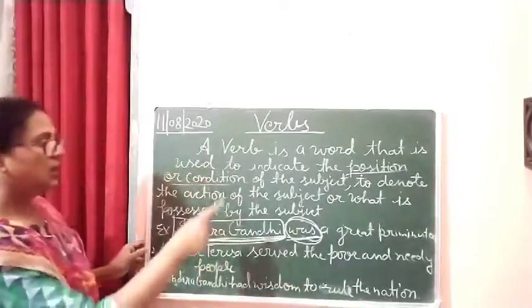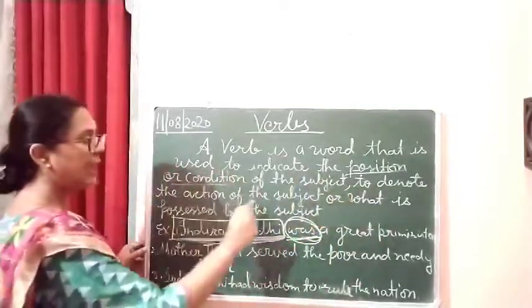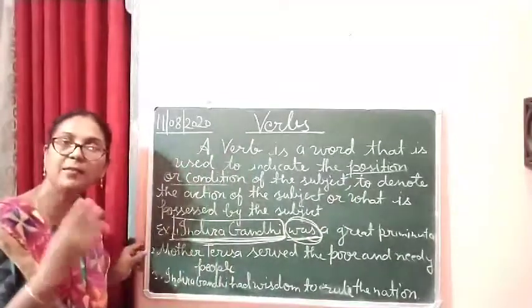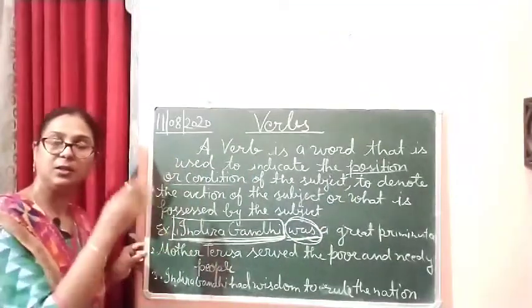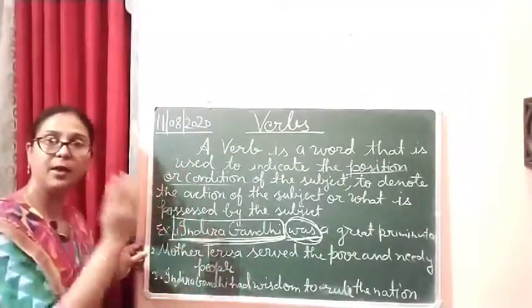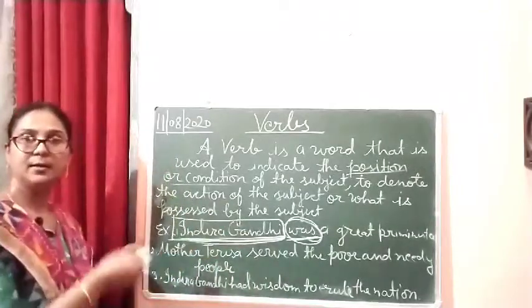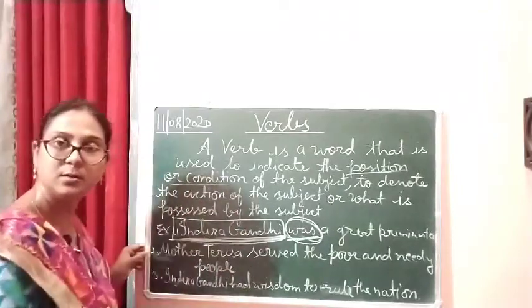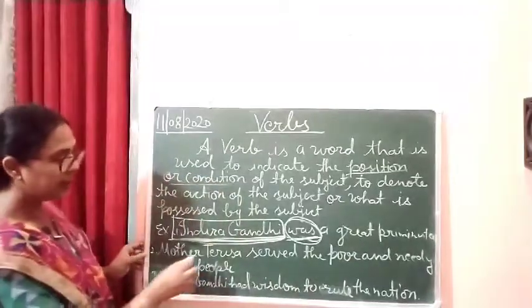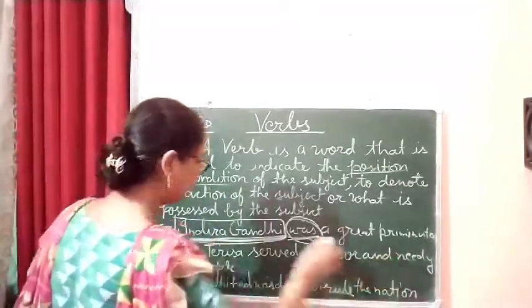What is this? It denotes the action of the subject. Whatever action or work is done by the subject, that is also denoted by the verb. Now, Mother Teresa served the poor and needy people.